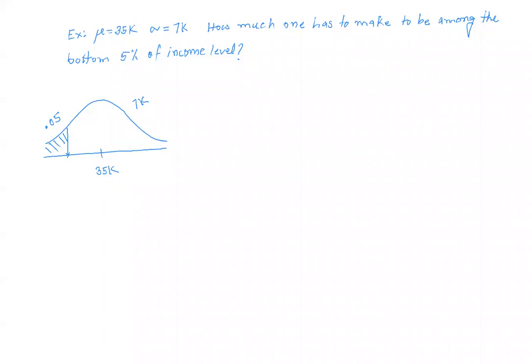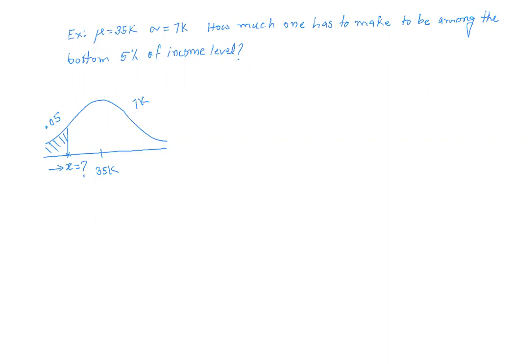Associated with that, there is an X value, and we don't know what that X value is. And we want that X value, because if your income is less than or equal to X, that means less than or equal to this number, you'll be among the bottom 5%.